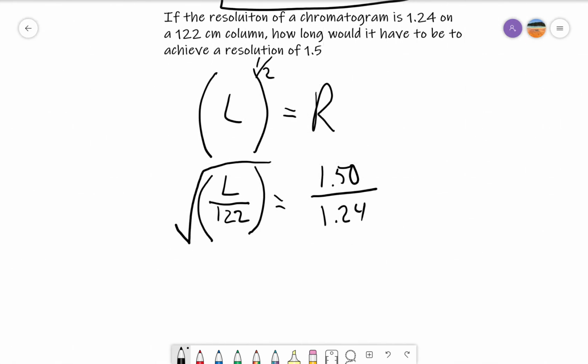The factor that the resolution needs to improve by is 1.50 divided by 1.24, which means we want to improve the resolution by a factor of about 1.2.